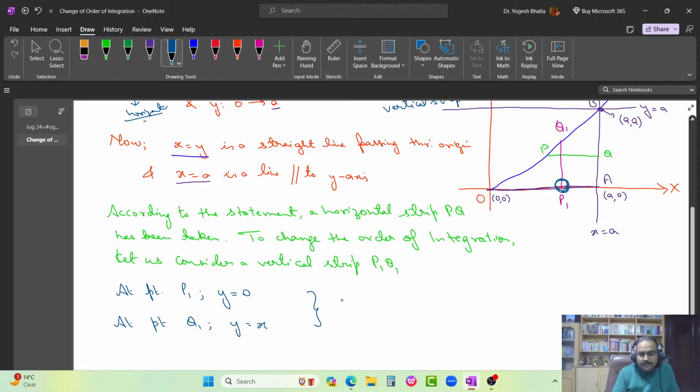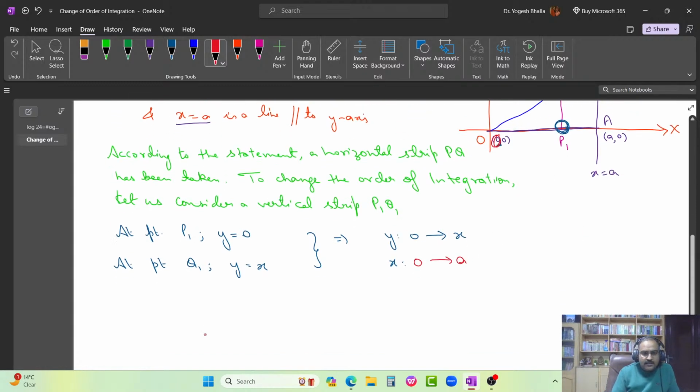From this we get that y varies from 0 to x. And x varies from 0 to the point of intersection, that is from 0 to a. These are the limits. Got it?